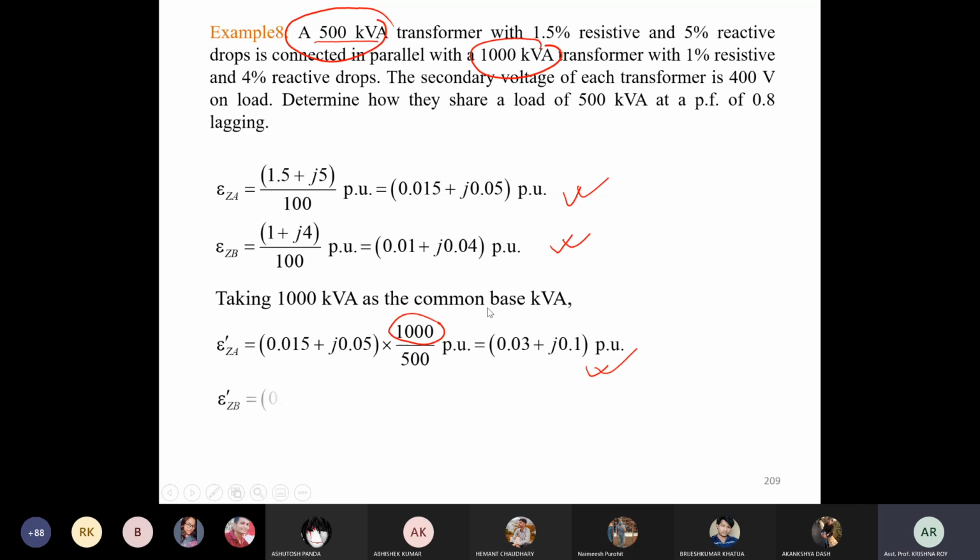Then for transformer B, it remains the same because it was already calculated with respect to this base. So these are the two per unit impedances with respect to 1000 kVA base.